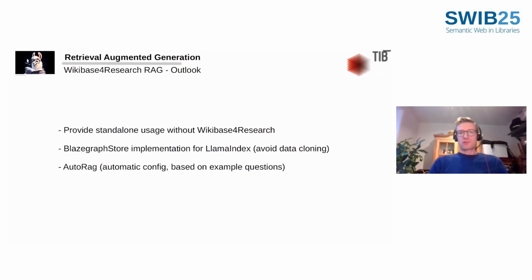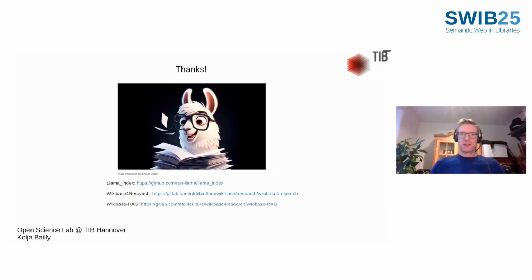And our greatest wish is maybe we will work on an auto-RAG system, which means that you provide your data and an example of 20, 30, or 40 questions together with the correct answers. Then the system will try different configurations to find out which is the best configuration for the RAG system to answer your example questions, so that you get help with the initialization and end up with the best system.